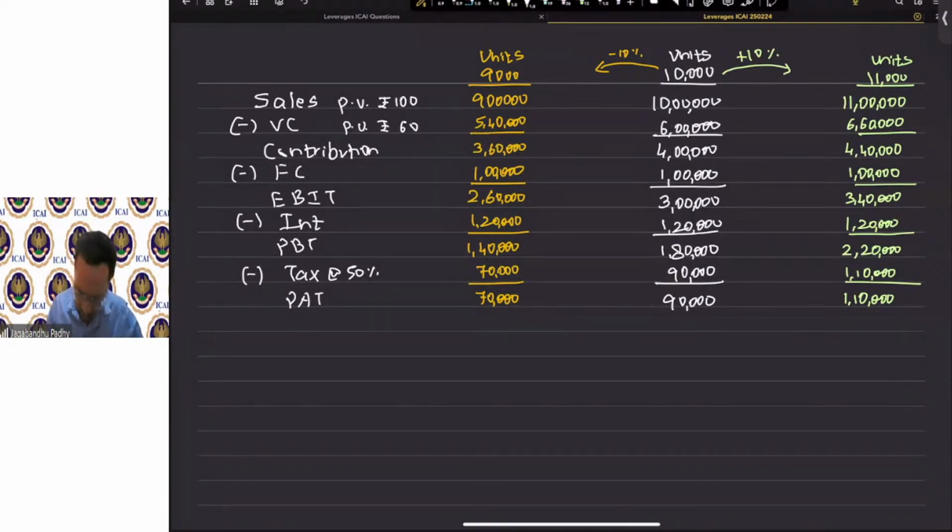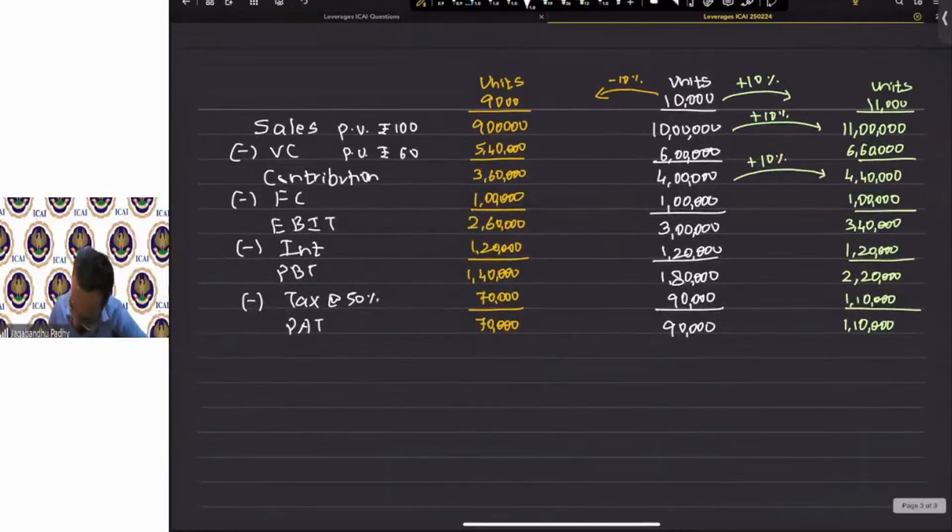Now, we knew all these calculations, but what we want to observe is the impact. Let's have a look at it. What is the percentage change happening? Sales increased by 10%, right? Because it went from 10,000 to 11,000 units, there is a 10% rise. If you look at the contribution, that also is increasing by 10%, right?